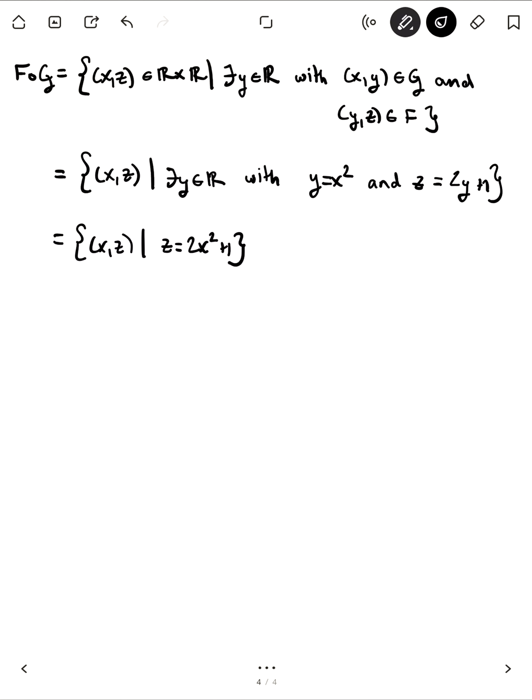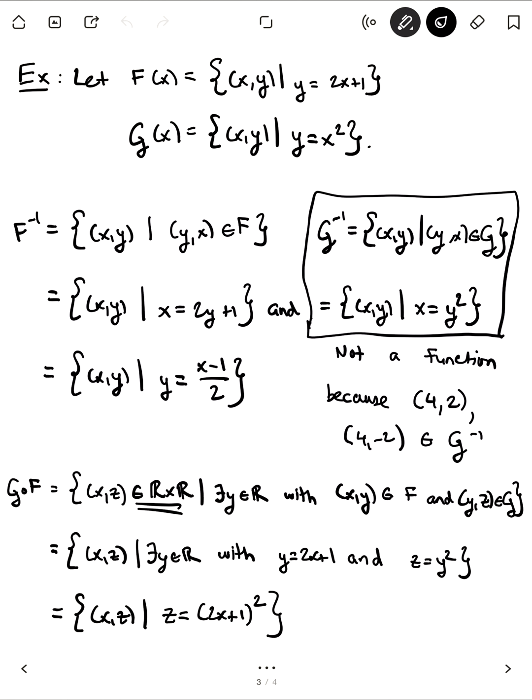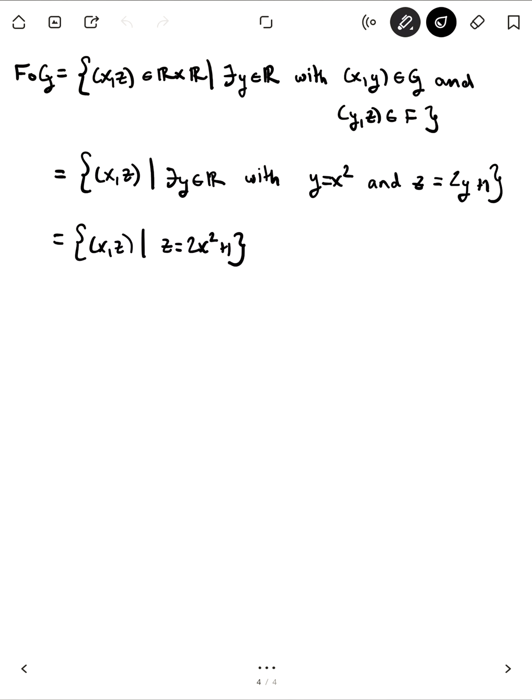Note that in general, this example illustrates an important point: function composition is not commutative. If you look back at the previous example, the composition of g with f gave (2x plus 1) squared, but the composition of f with g gave 2x squared plus 1. So in general, they're not equivalent. And this motivates the following theorem.